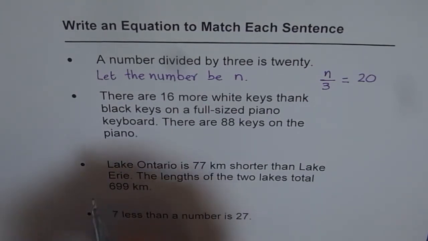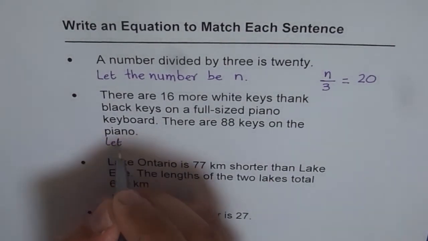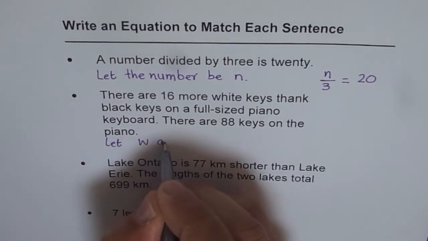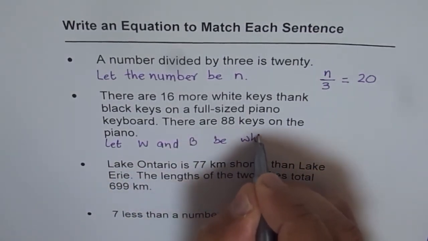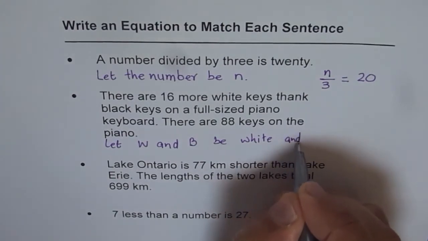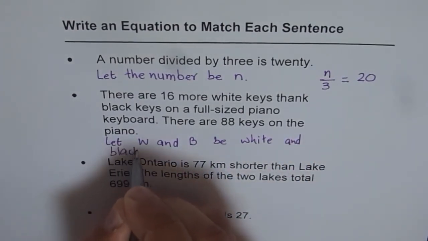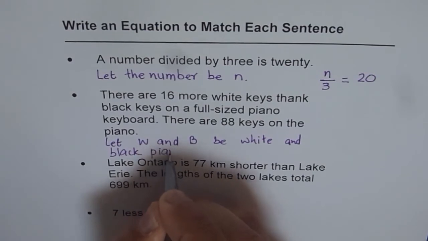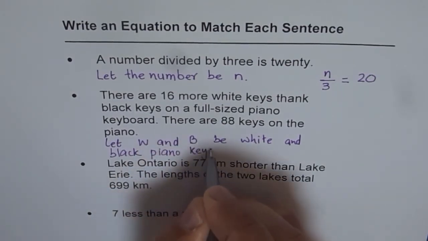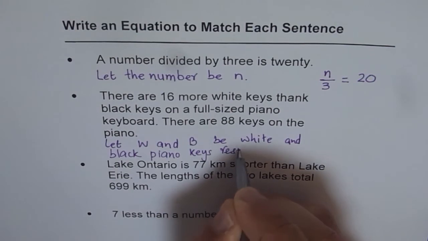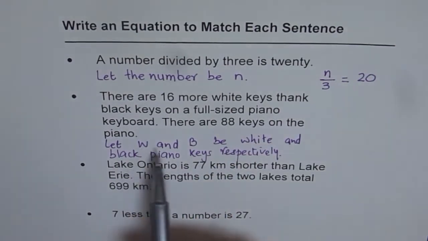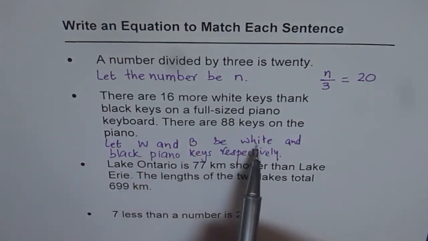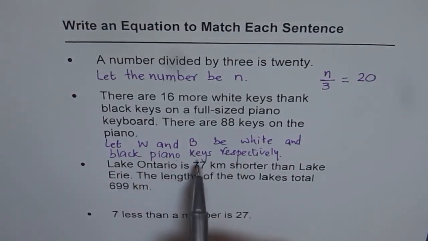So we say let W and B be white and black piano keys respectively. So W is the number of white keys and B is the number of black keys. That is how we define our variables.